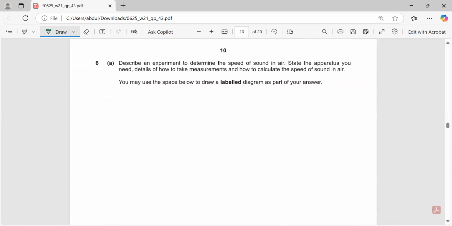Next is question number 6. Describe an experiment to determine the speed of sound in air. State the apparatus you need, details of how to take measurements, and how to calculate the speed of sound in air. You may use the space below to draw a diagram as part of your answer.